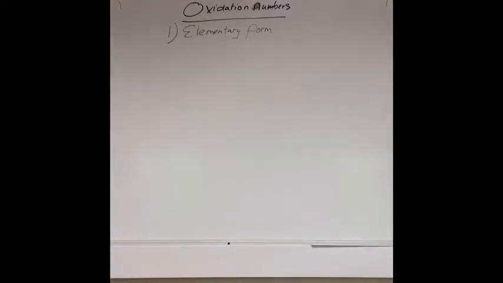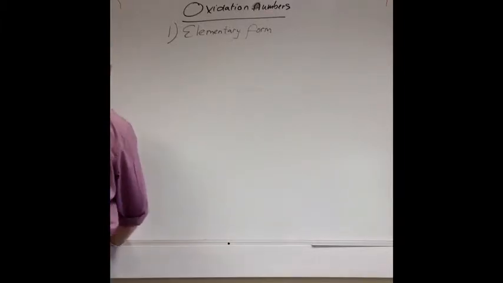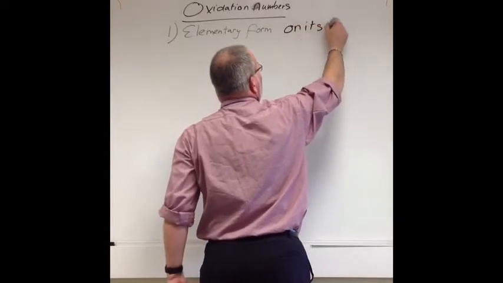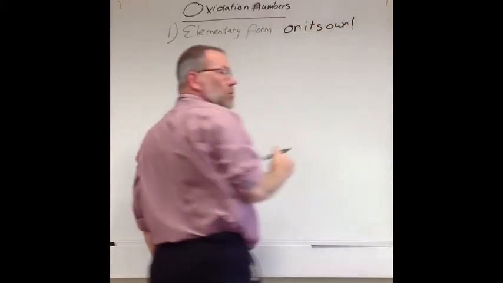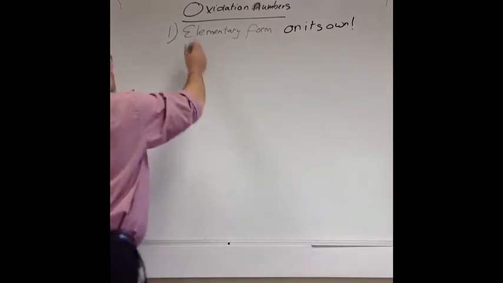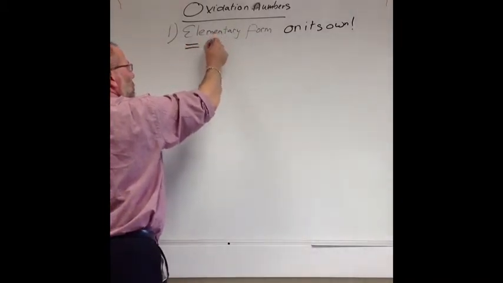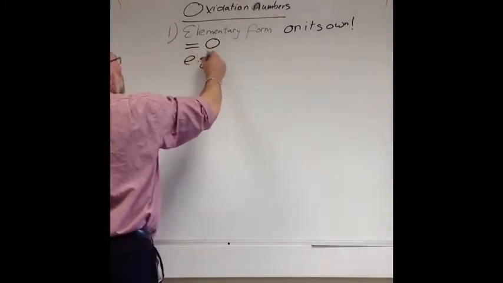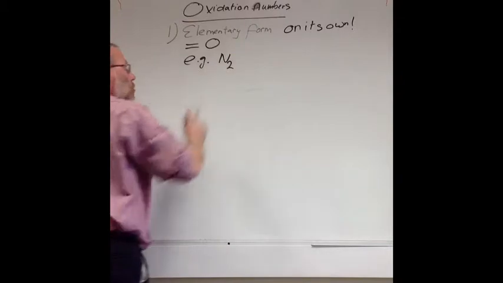What do I mean with that? On its own. That's what I call it. Elementary form, oxidation number is always 0. For example, N2.